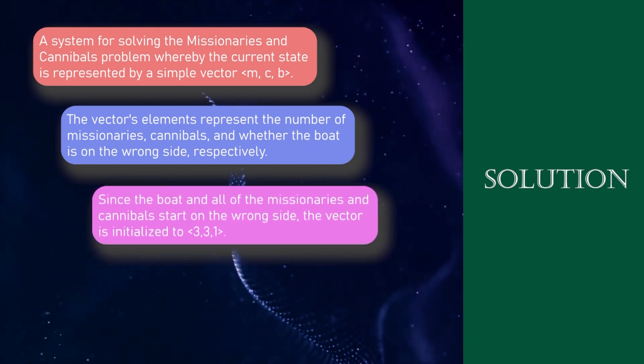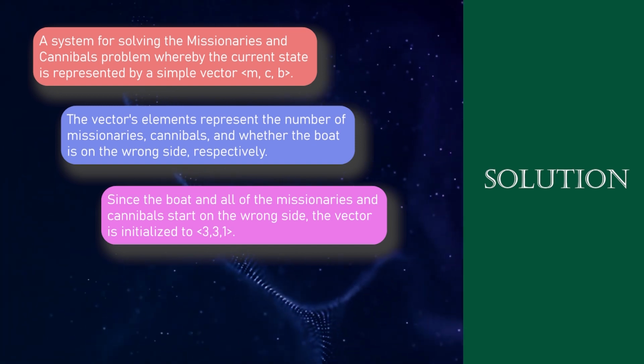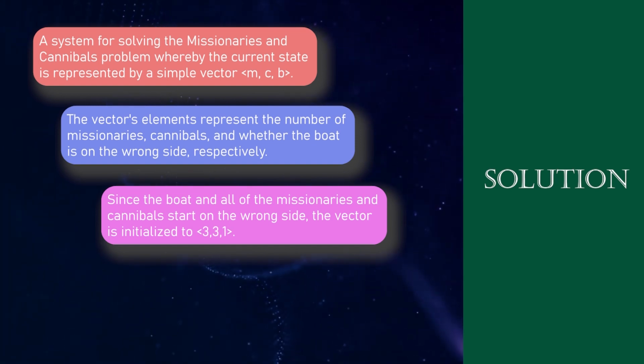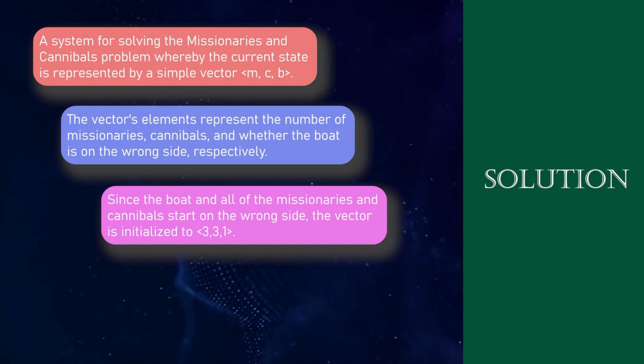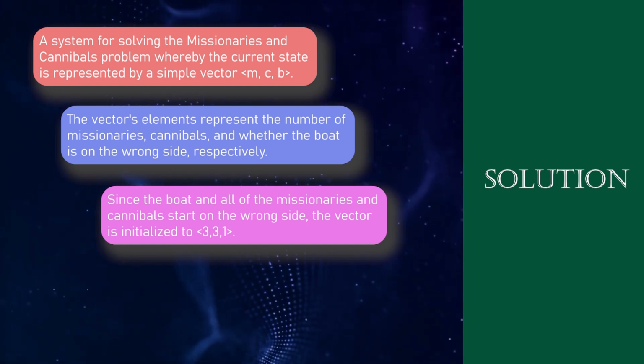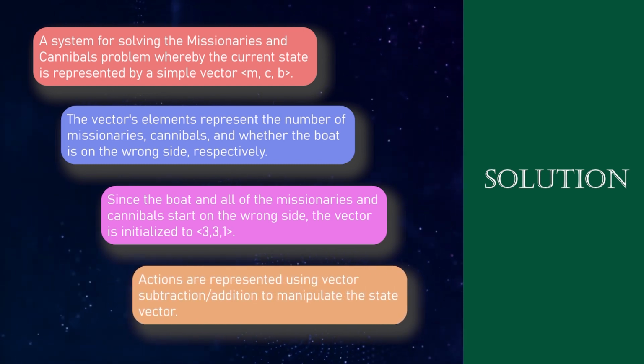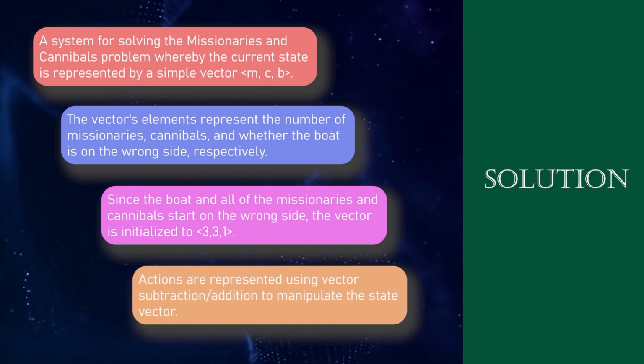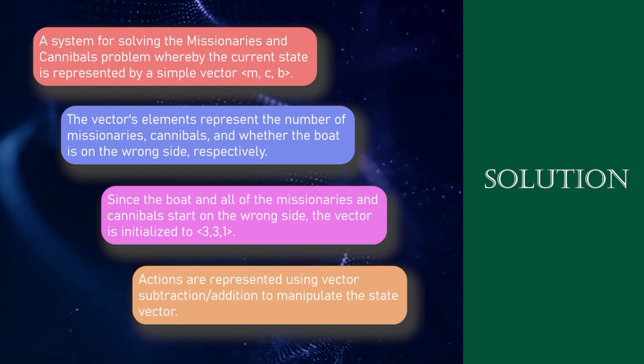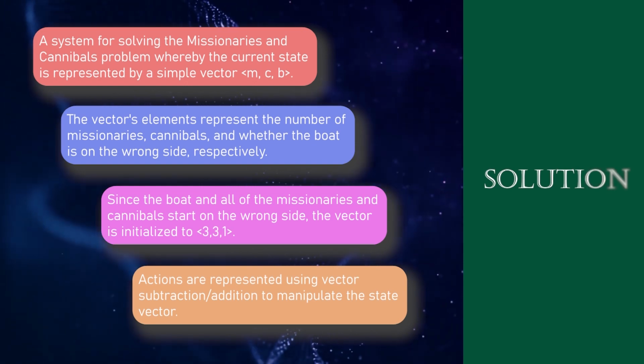Since the boat and all of the missionaries and cannibals start on the wrong side, the vector is initialized to 3, 3, 1.